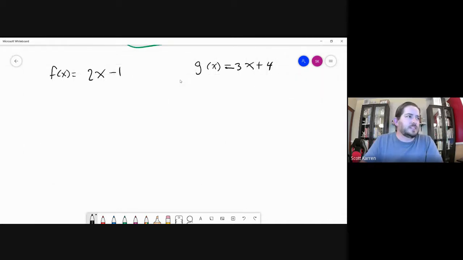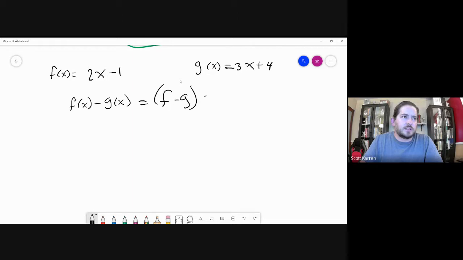Again, this is one of the easier ones to understand. f of x minus g of x is going to be a new function. It's all going to be some polynomial in x. But we're going to call this f minus g of x. It's just the function whose input is x that we got from subtracting f minus g, right?